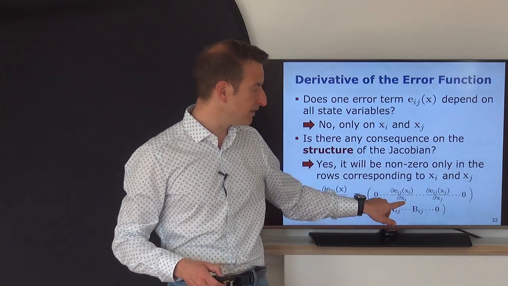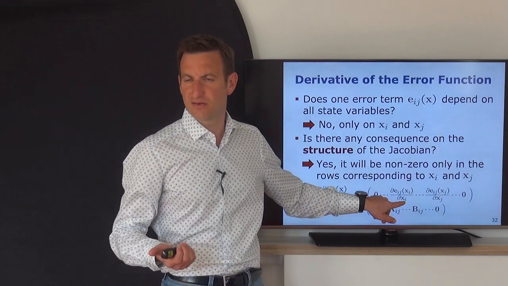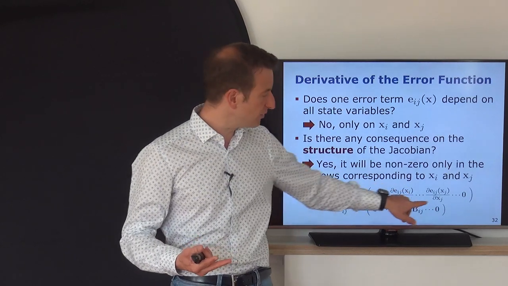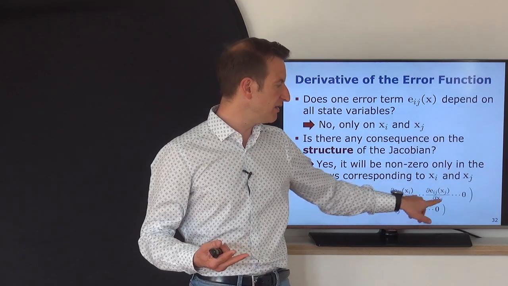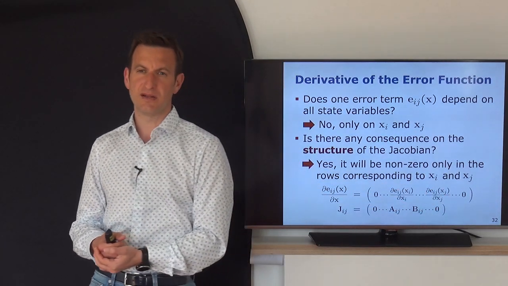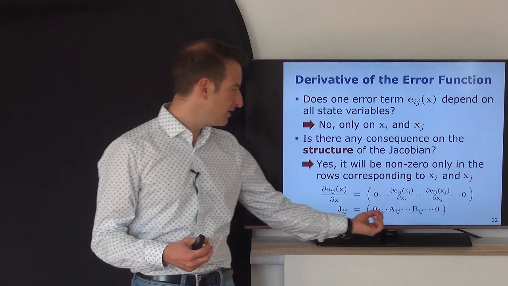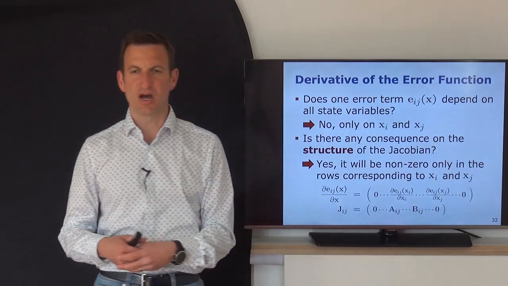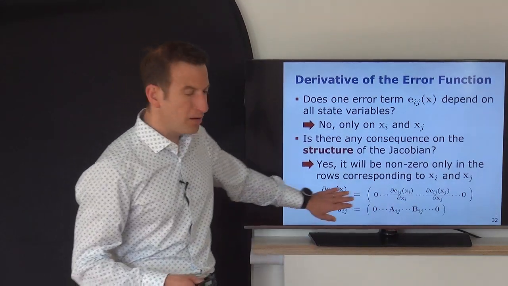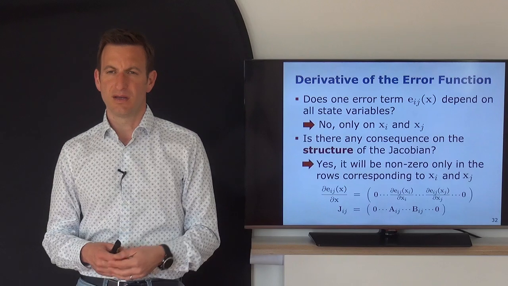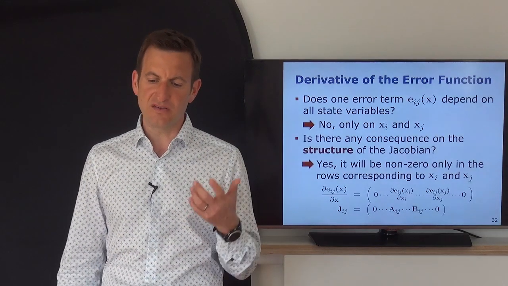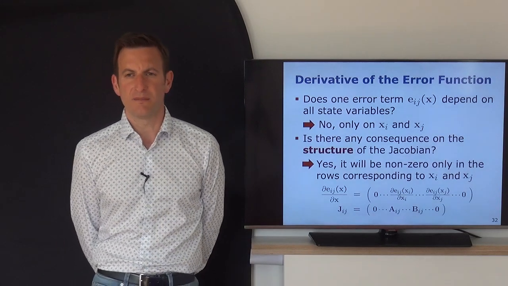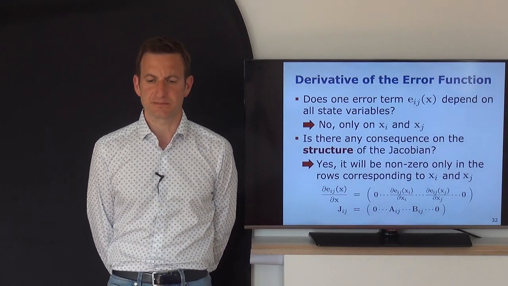So in this case, for example, if xi is in a 2D plane, it's x, y, and theta, there will be 3 elements here which are non-zero, 3 elements here that are non-zero, and the rest will be completely zero. So we just have 2 blocks of variables here, we call them Aij and Bij, which are non-zero, and all the rest is zero. This is a key insight because it leads to a sparse Jacobian, which will also have a big effect on our H matrix later on.